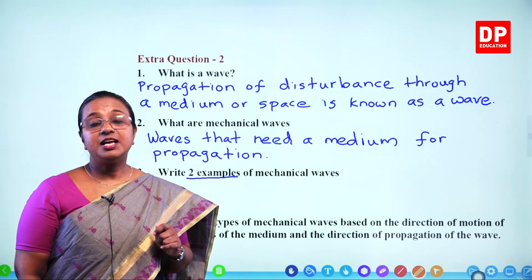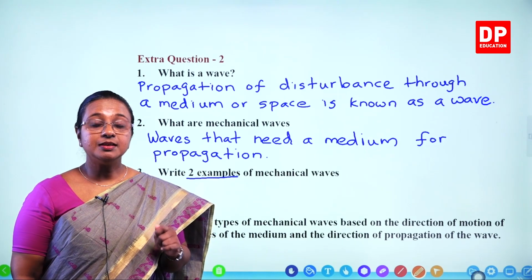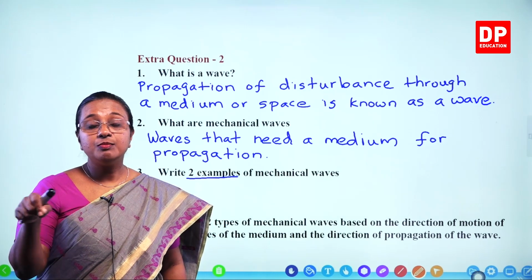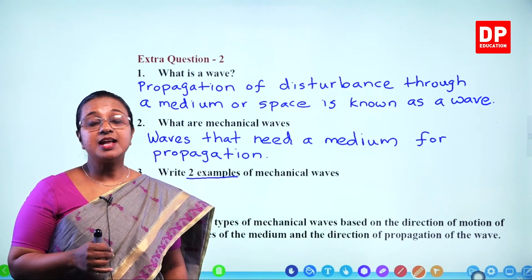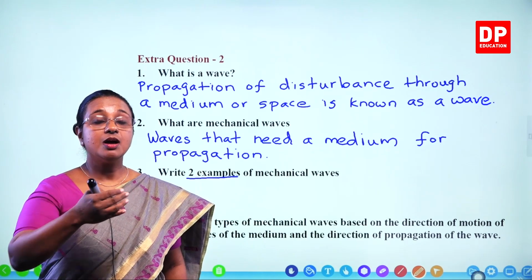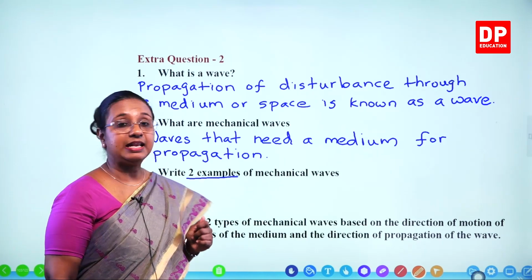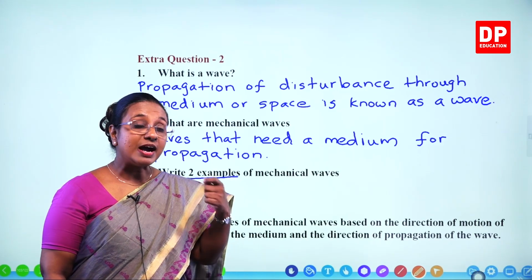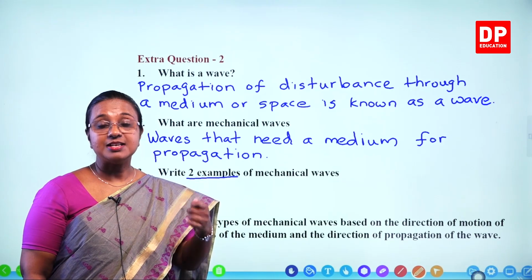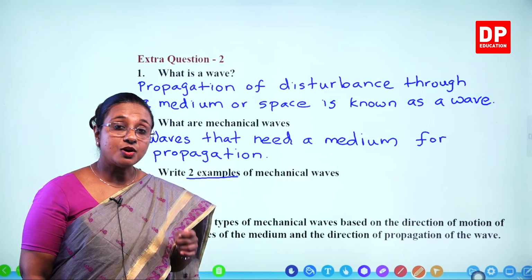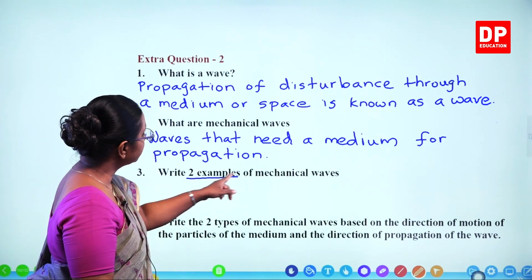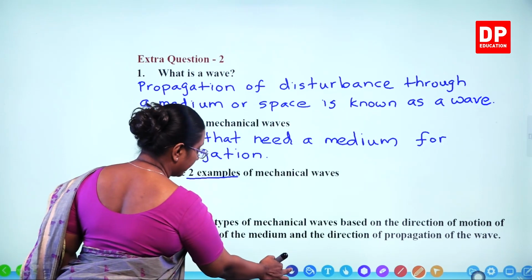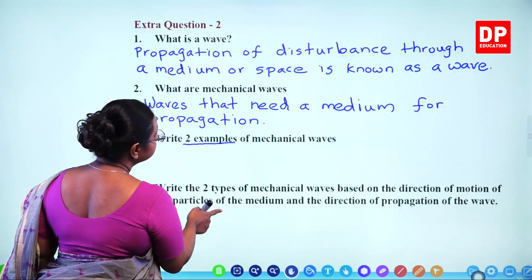The waves generated on surface of water, wave when you move a thread, or the sound waves that travel through air. All these are mechanical waves. Or vibration of a string that generates the wave. That is also a mechanical wave. So here write 2 examples of mechanical waves.